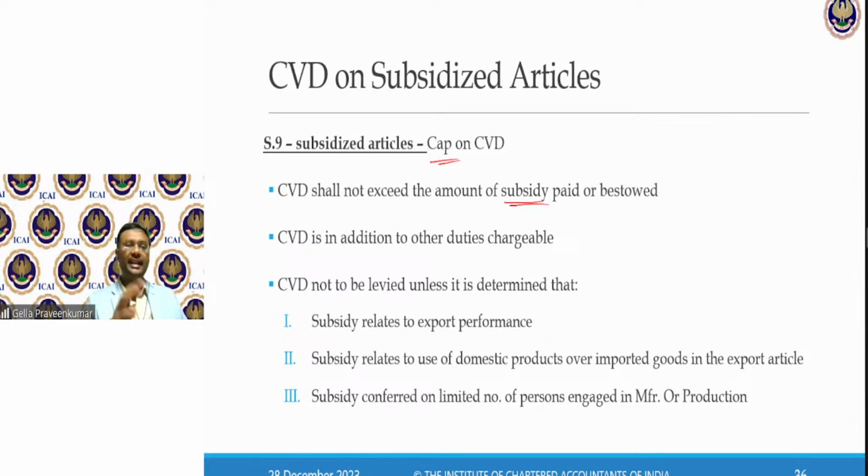This countervailing duty is in addition to basic customs duty. CVD is not to be levied unless it is determined that the subsidy is in relation to export performance. Like one example I gave, the MEIS notification. When I look at this MEIS notification under foreign trade policy, this is a public document.